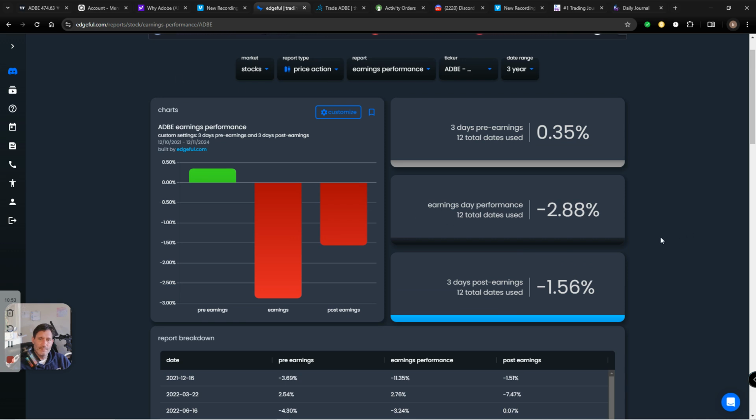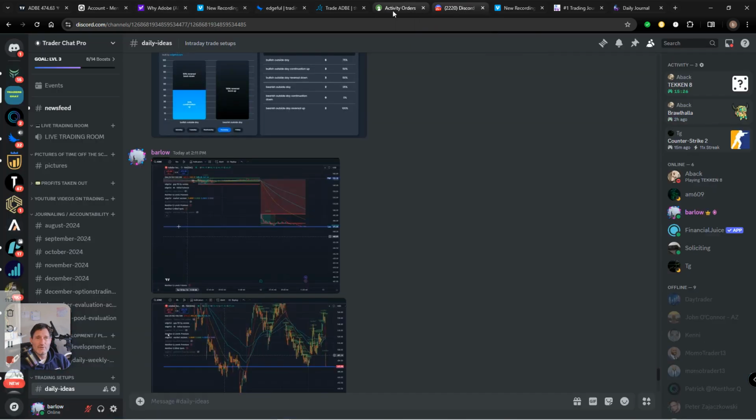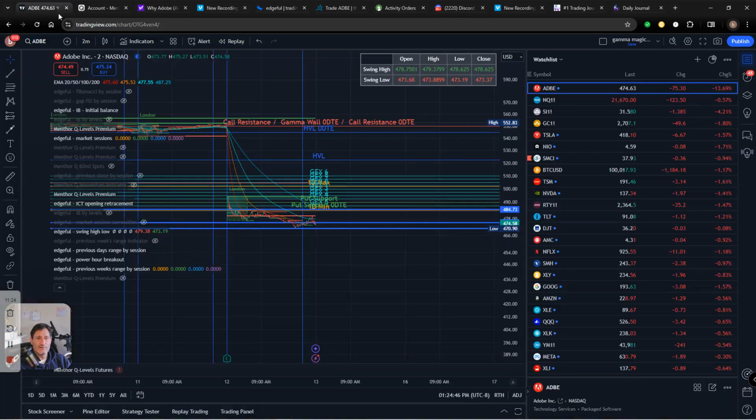So it's like the biggest gap down here was 20%, November 15th, 2022. And after earnings, it was down another 5.5%. So I may be way off on this, but we'll see what happens. And I'm comfortable with the amount that I'm risking here between today and tomorrow.